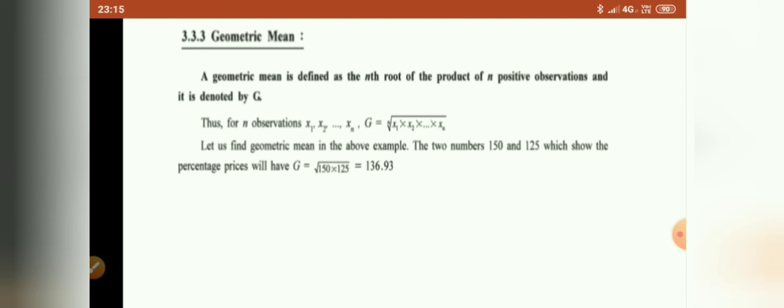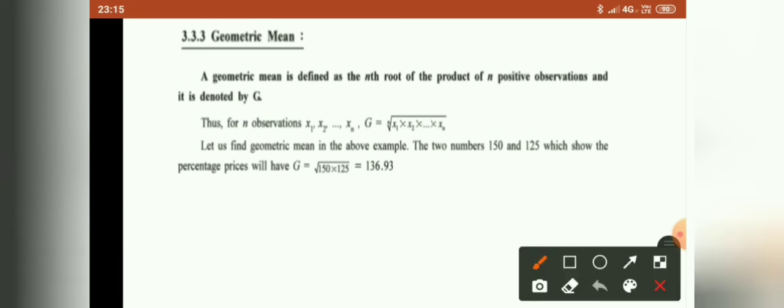So G equals the nth root. N means however many numbers are given. So n under root x1 into x2 into x3 and so on till xn. We have taken one example also.